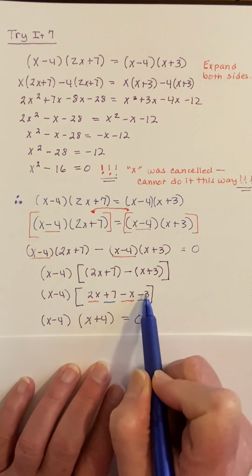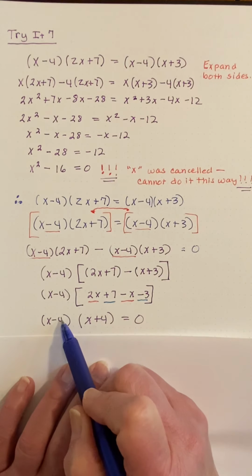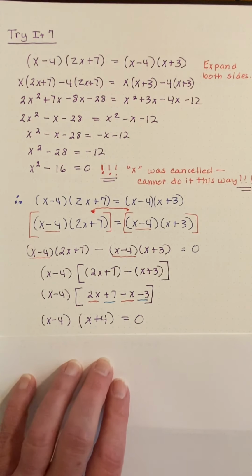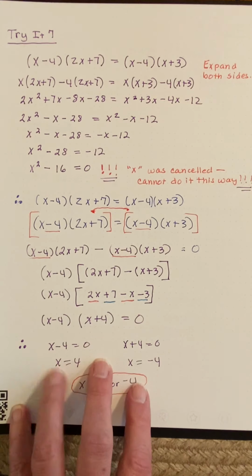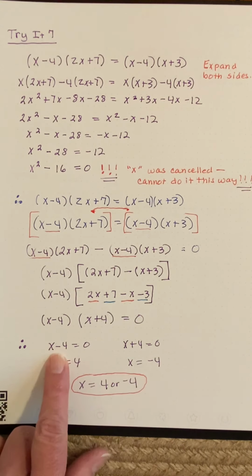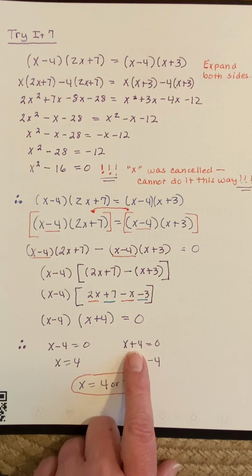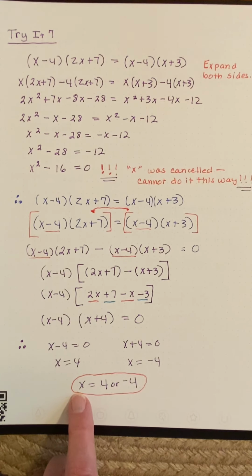Positive 7 minus 3 is 4. I end up with x minus 4 times x plus 4 equals 0. Well, doing that, getting rid of the minus 4, I added, x is 4. Here, getting rid of the positive 4, x is minus 4. So my answer to this equation is 4 or negative 4.